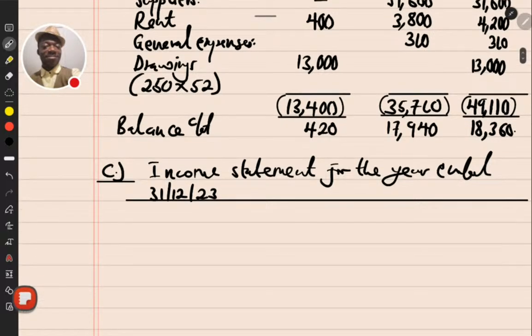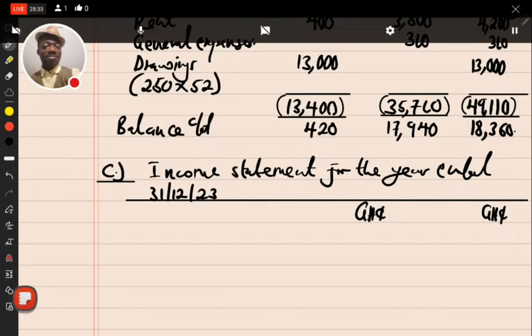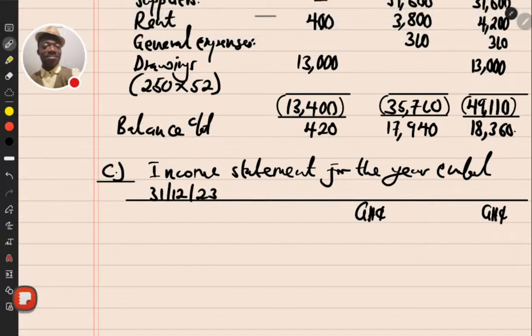So here, I'm going to present two cash columns, so you have these currencies coming up. Okay, so how do we go? When it comes to income statement preparation, we begin with the first line item called the revenue or the sales.